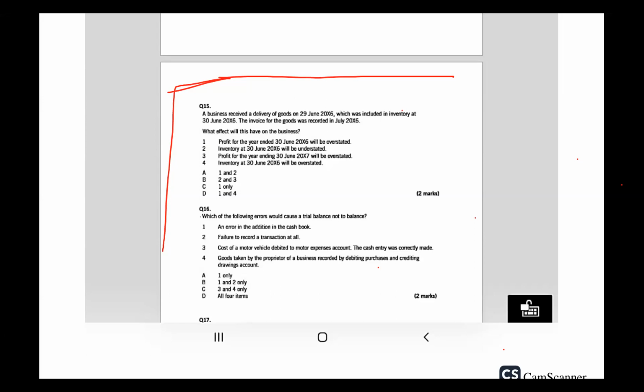Yes. I think the part where it says profit for the year ending 30th June 2016 will be part of the answer. What has profit done? It will be overstated.